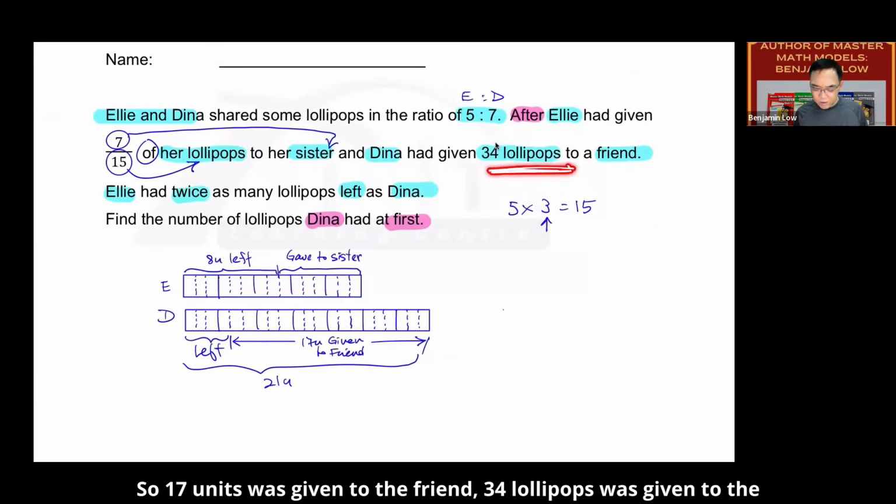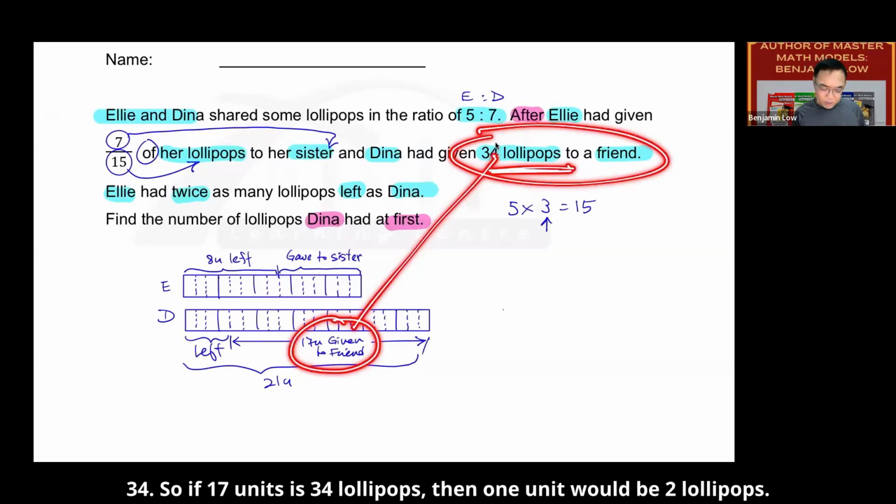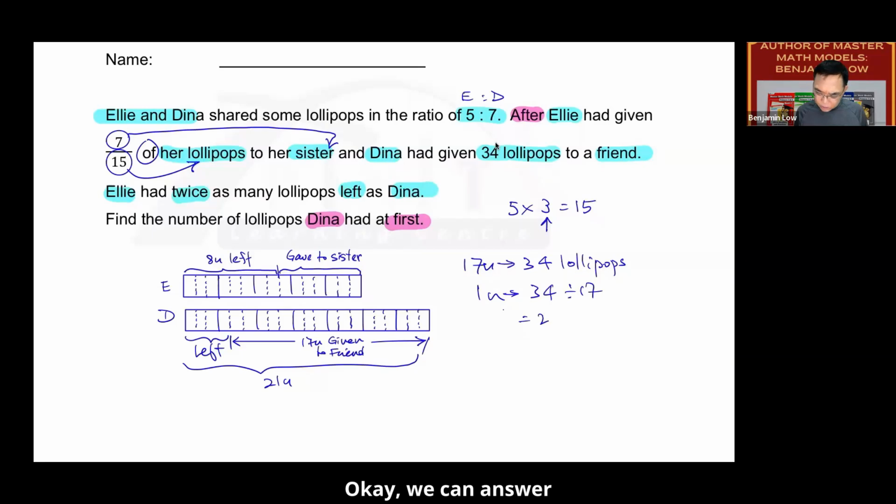So 17 units was given to the friend, 34 lollipops was given to the friend, 17 units is therefore 34. So if 17 units is 34 lollipops, then 1 unit would be 2 lollipops.